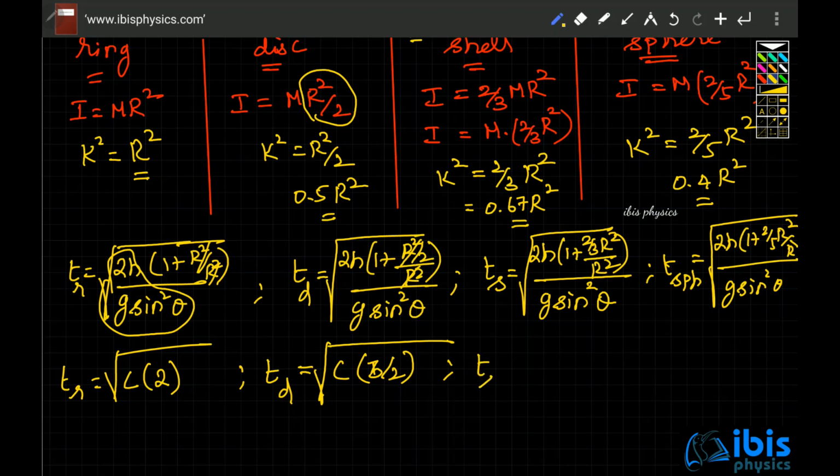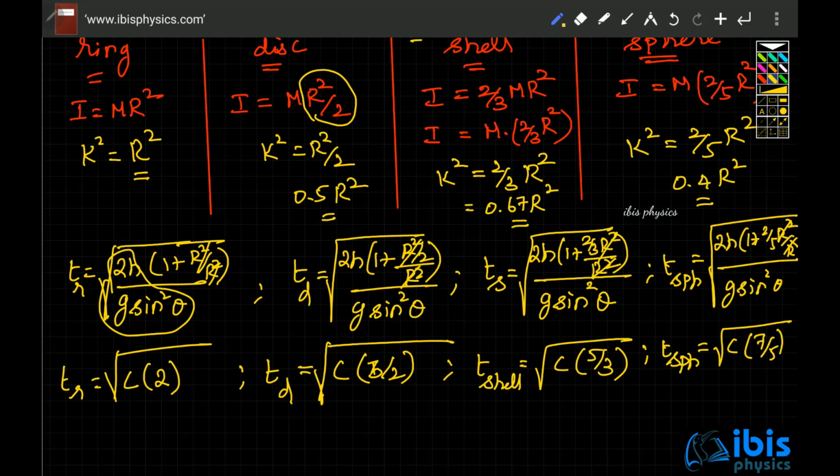Time for the shell equals root over c times 1 plus 2 by 3, so 5 by 3. And time for the sphere equals root over c into 1 plus 2 by 5, which is 7 by 5.